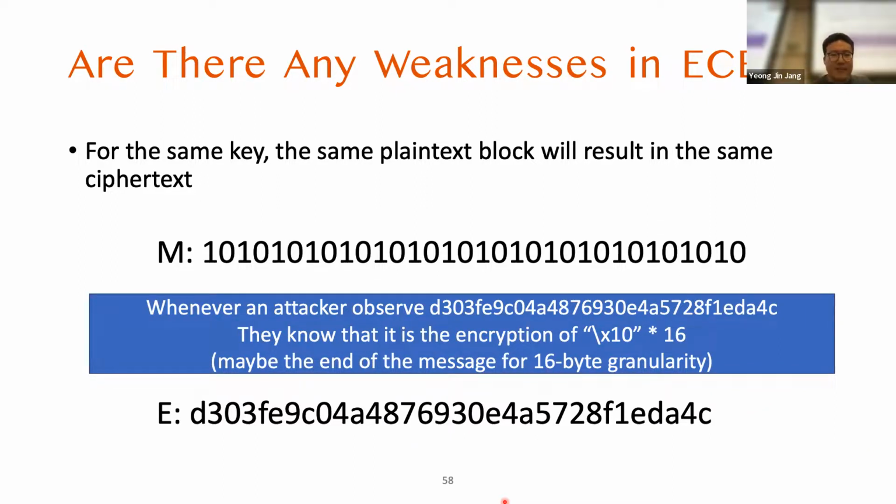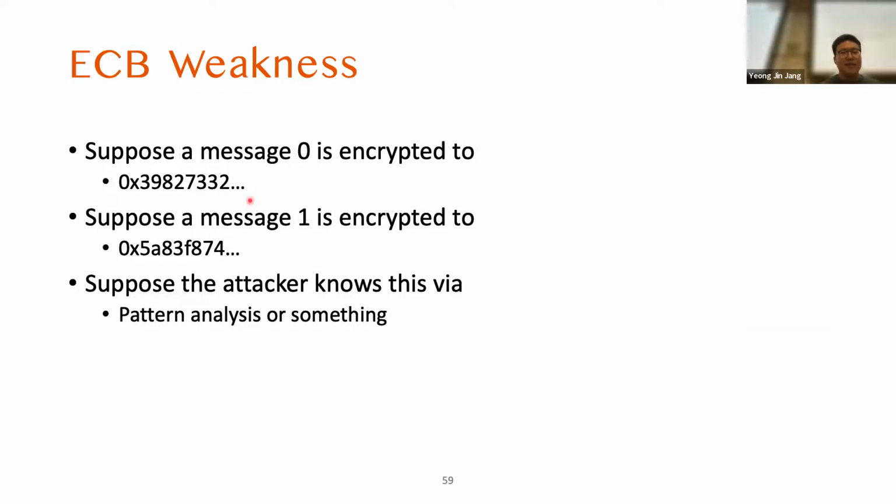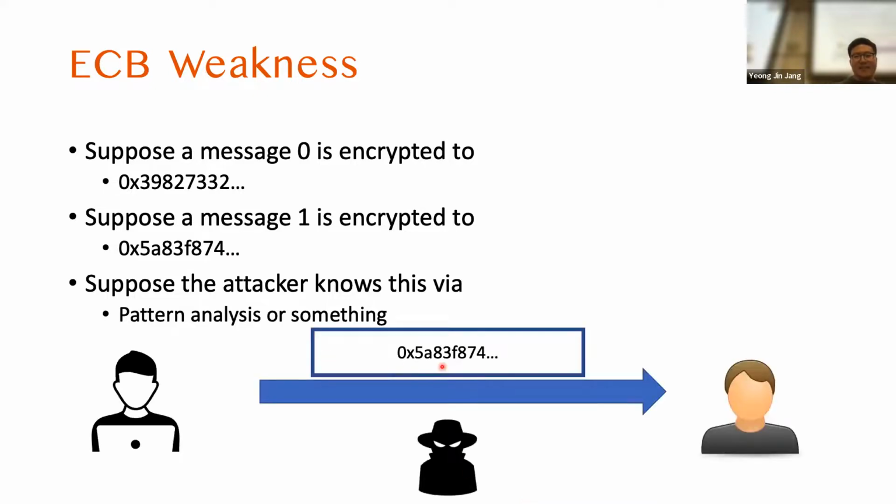So suppose message 0 is encrypted to this number, and message 1 is encrypted to that number. If I send this, and the attacker knows that I'm usually sending more 0s than 1s, they can easily guess that it's 1, just by looking at the ciphertext, because there's no change in the ciphertext for a fixed key and a fixed message.